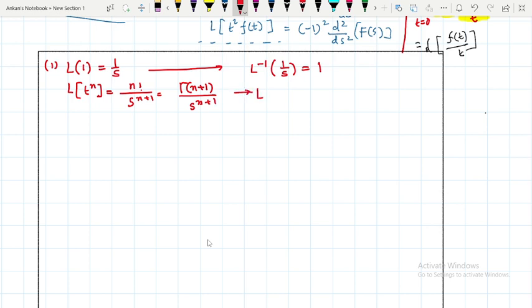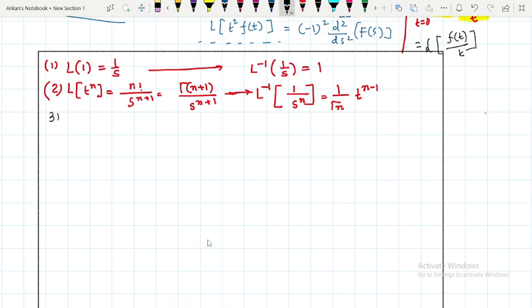It will result in the Laplace inverse of 1 by s^n, meaning n minus 1 is substituted, so 1 by gamma(n) t^(n-1). Because s^(n+1) may not be given sometimes, so you have to change your power accordingly.